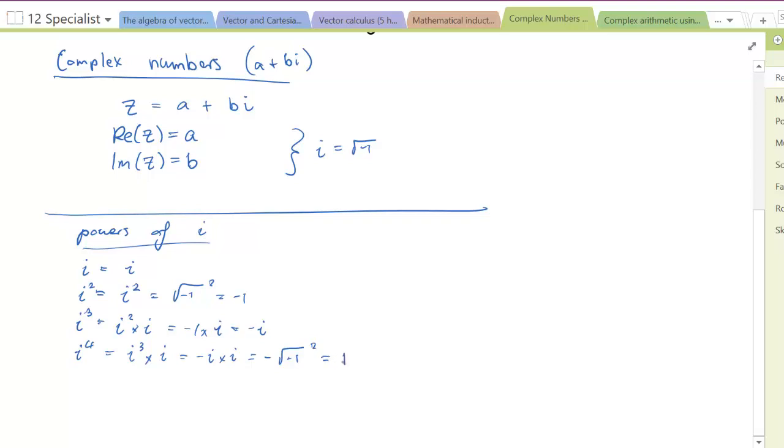And so this is going to be our pattern, because when we say i to the power of 5, we're looking at i to the power of 4 times i, and that's the same as saying 1 times i, or i, and then the pattern starts again.